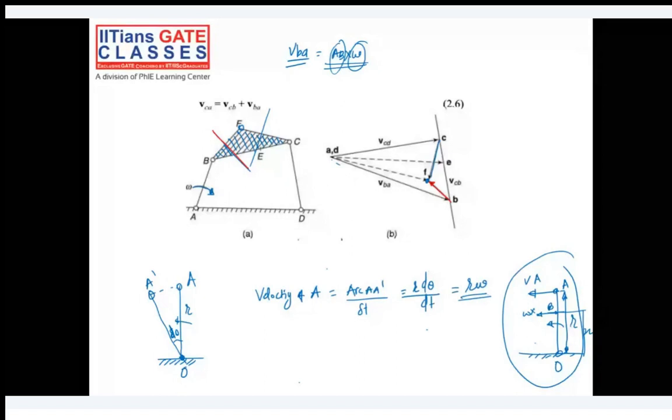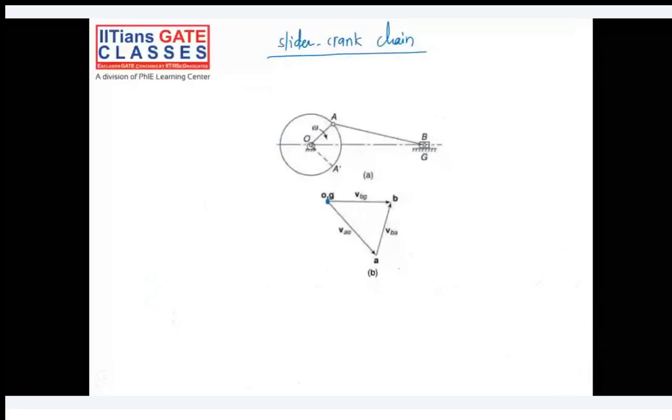You can clearly see we have drawn a line parallel to that. Velocity of slider will always be in the direction of the motion, because the piston will move either in this direction or in the backward direction. If your crank is moving to the right-hand side, the piston will move forward, so in that direction I am drawing the velocity of the slider.